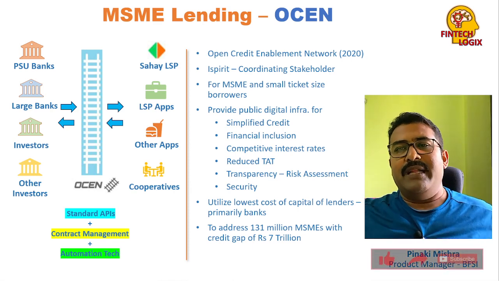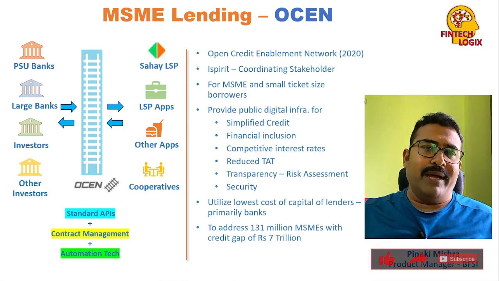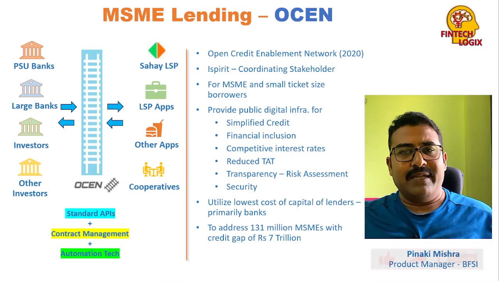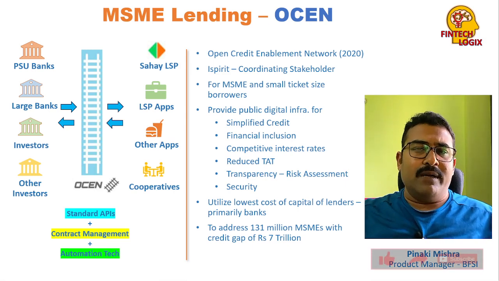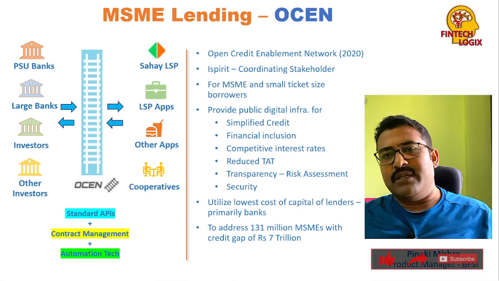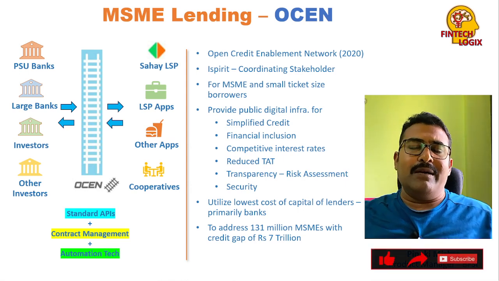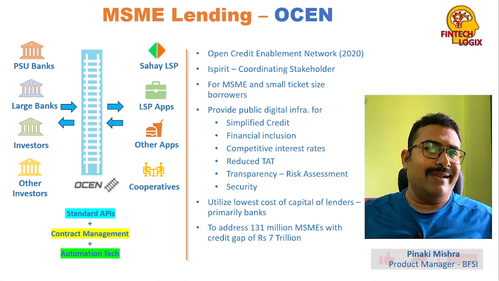So definitely this is a very good step by the government in combining all that, and iSPIRIT is doing a great job here. But a lot has to come in probably 2023-24 that will make this OCEN a real success.